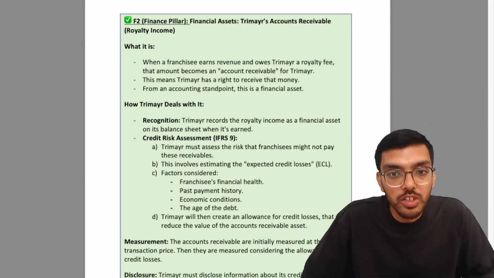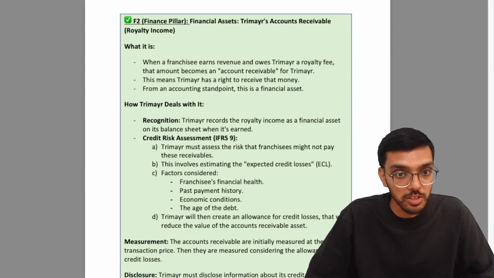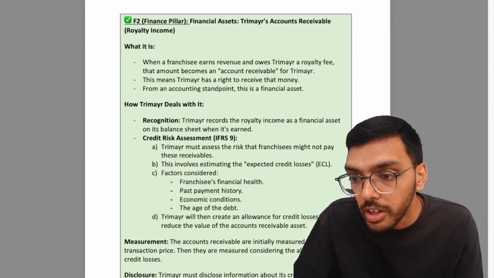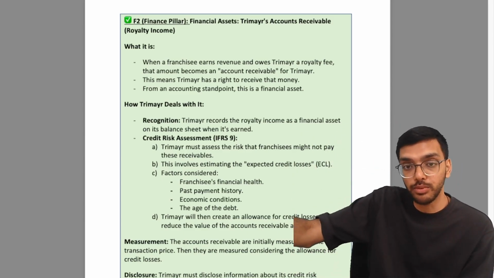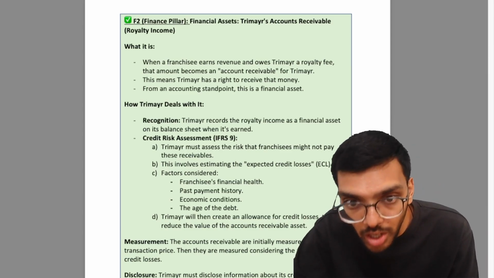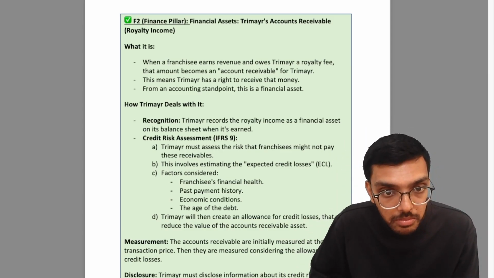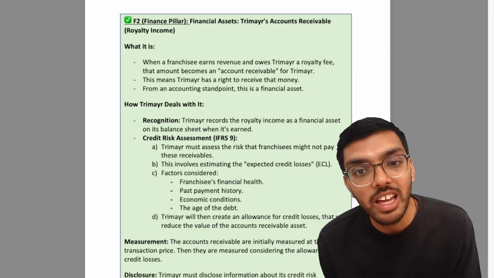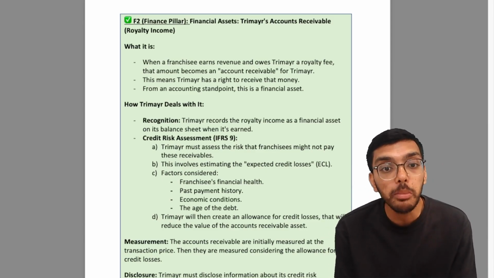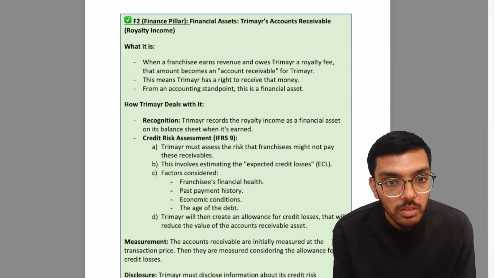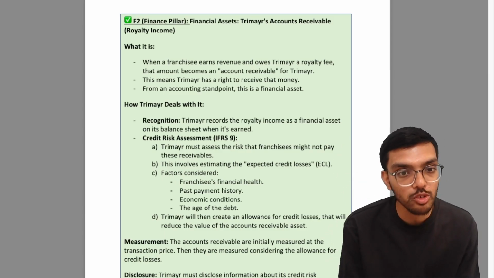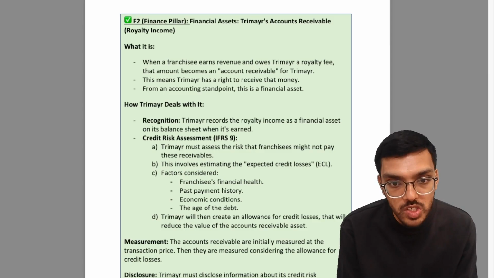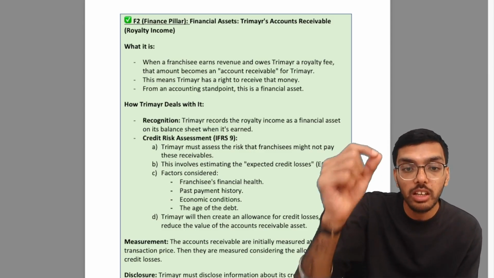So Trimayr records the royalty income as a financial asset on its balance sheet when it is earned, not when it's received. When it's earned, this is IFRS 15 rules. But when it's earned, you record it as a financial asset. Trimayr must assess the risk that franchisees might not pay these receivables. If there is any indication that there is going to be an expected credit loss, it has to be noted.